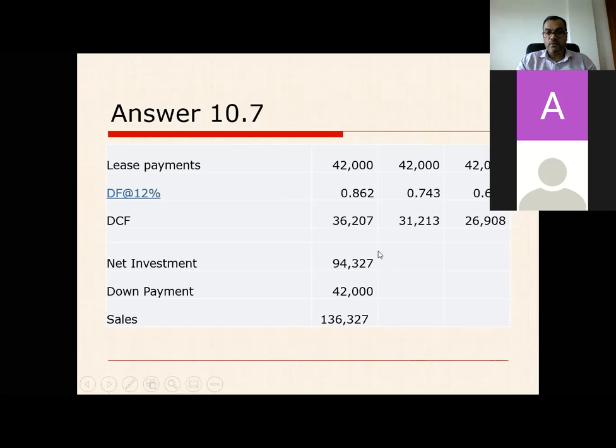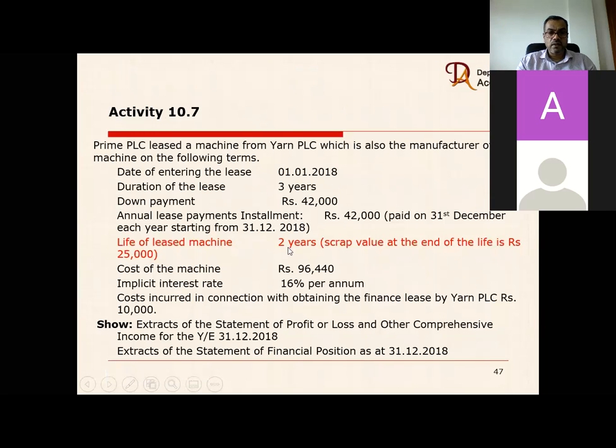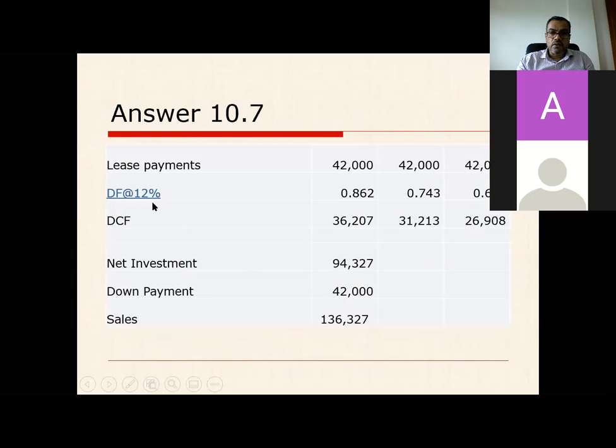So 94,000 at 12%, implicit, so 1 minute. Sorry, implicit interest rate is 16%. I'm just worried whether there is a miscalculation. I have just taken, this is 16%. I think there is a miscalculation. So here 12%. Just let me check.